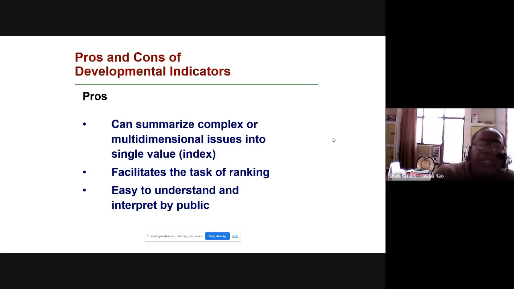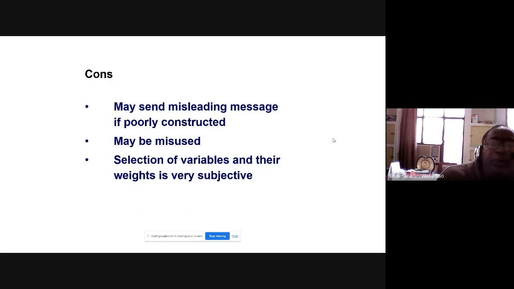In that way, the composite index has been developed, and the overall agriculture development has been measured, and still we are trying to compare these types of things. On the con side, they can send misleading messages. If poorly constructed, this will also give some bad results.